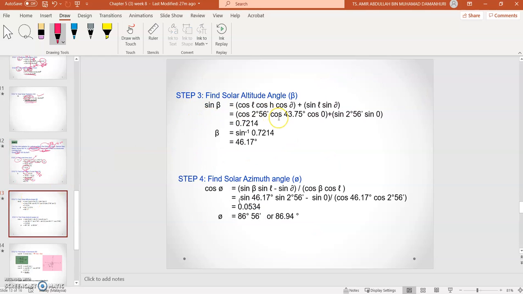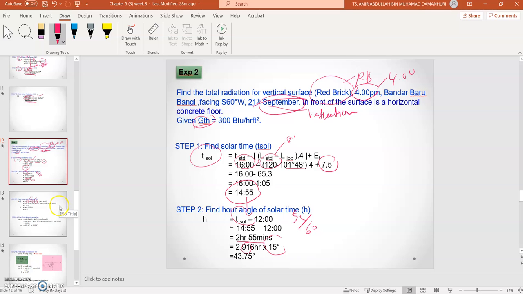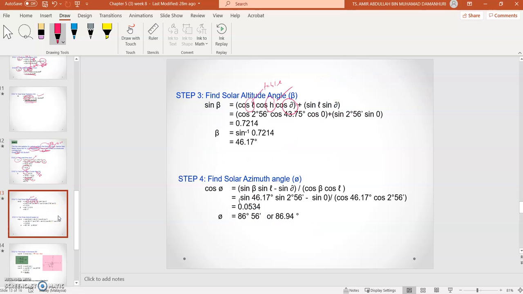Next, we find the solar altitude angle beta. Sin beta is cos L, from the table for Bandar Baru Bangi, times cos H, from the previous calculation, times cos of the declination, which is from the table in the month of September.